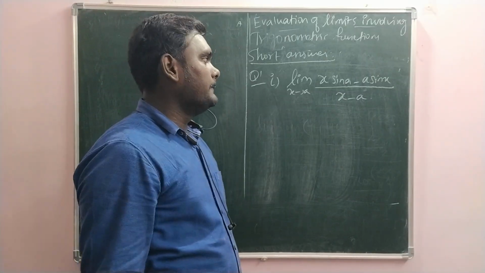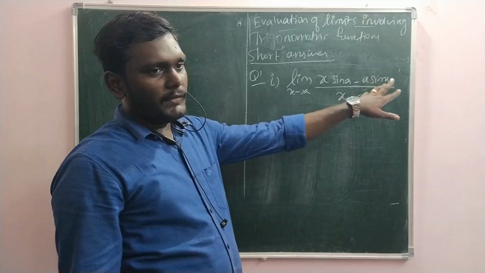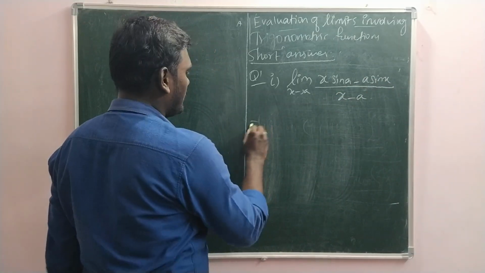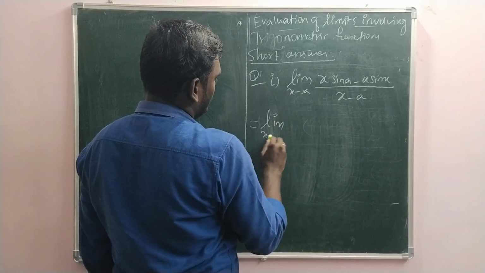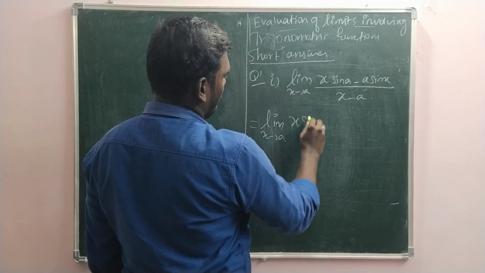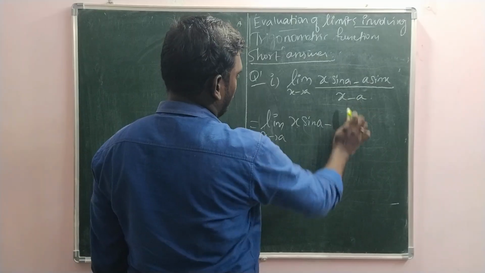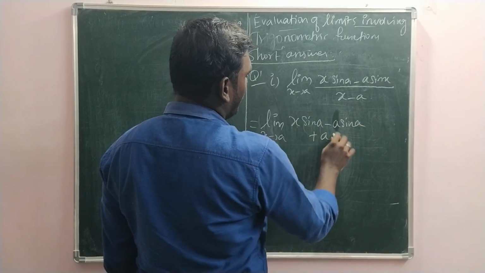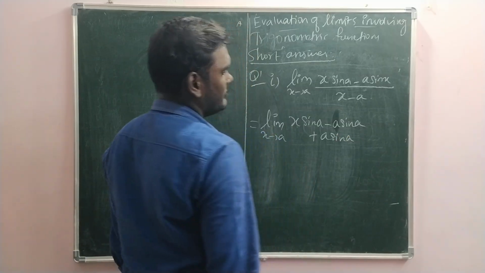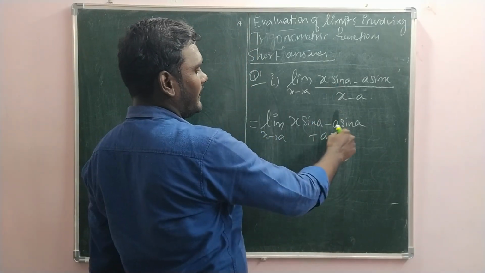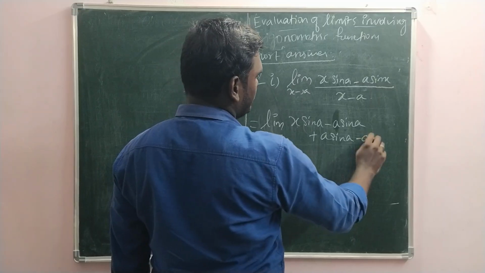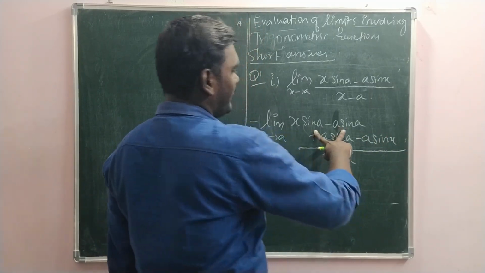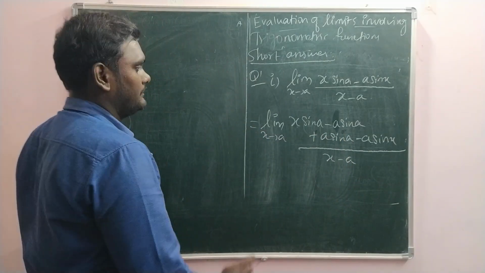But that should not happen. So convert everything in terms of x minus a. Here nothing is possible, so we have to do some adjustments. Within the existing expression, minus a sin a plus a sin a I am putting. Now from these two terms, you can take sin a as common.